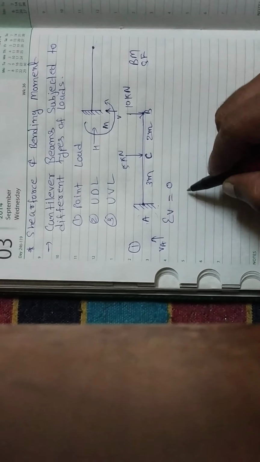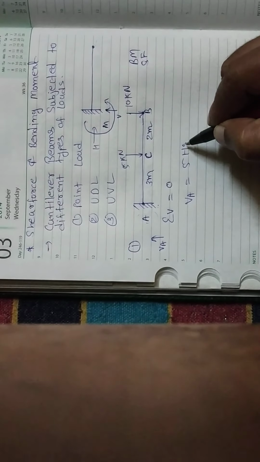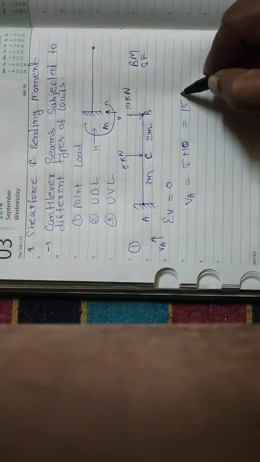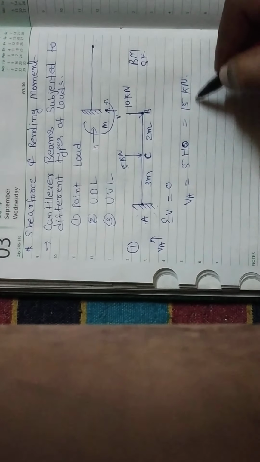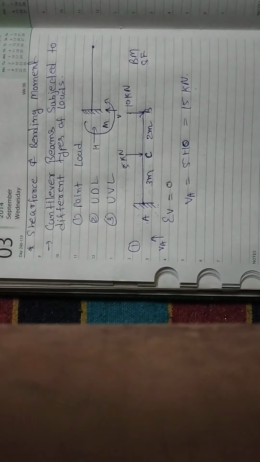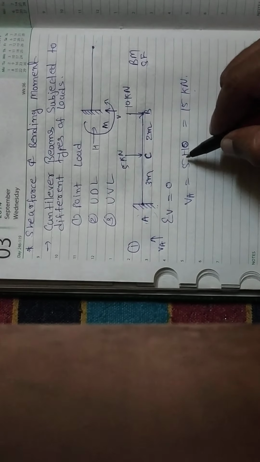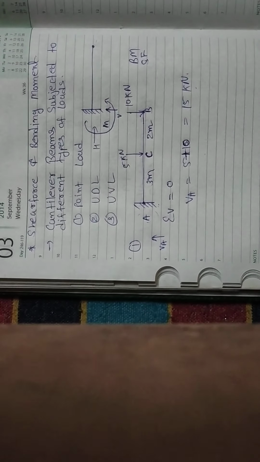So VA is equal to 5 plus 10, the total is 15 kilonewton. Your vertical reaction at support A is 15 kilonewton, and there is no other support, so you get a reaction only at one support, which is VA.